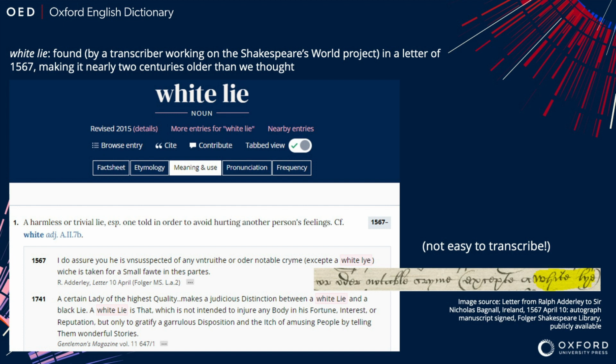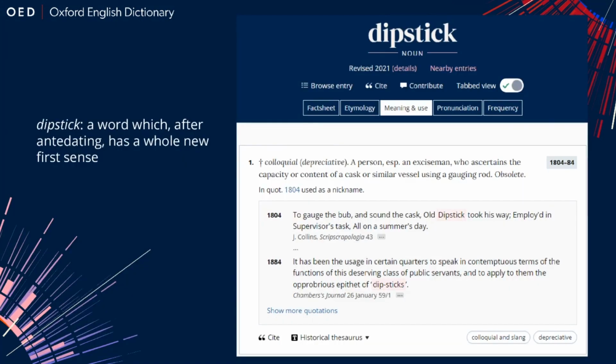And sometimes some early evidence for a word turns up which is in a quite different sense. So, for example, the OED used to define a dipstick as a rod for measuring the depth of liquid, probably most familiar as the thing you use to check the oil level in your car.